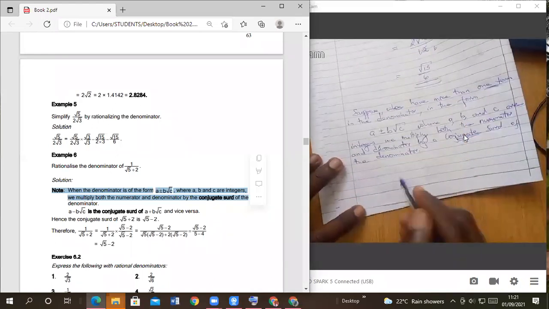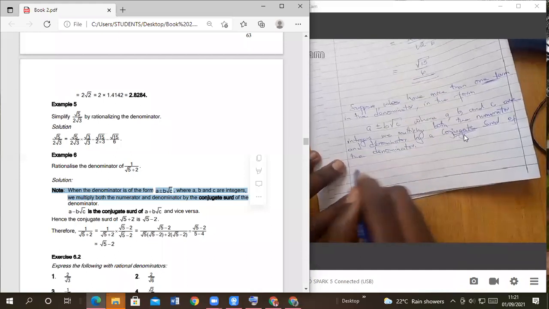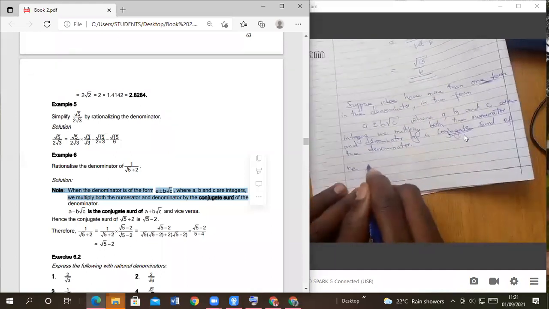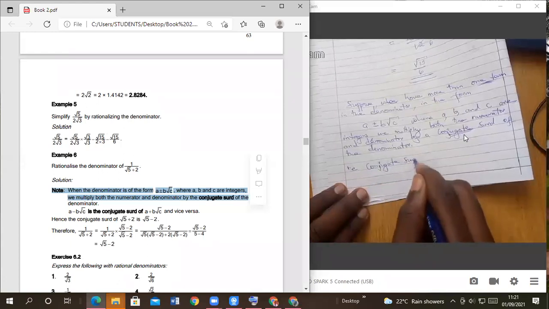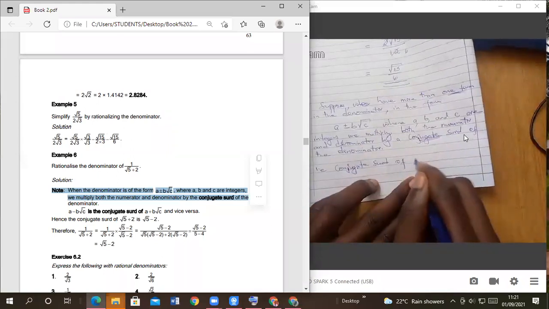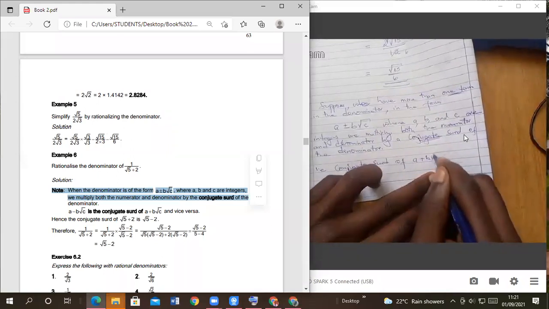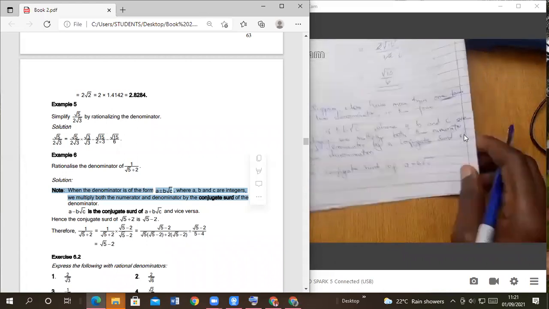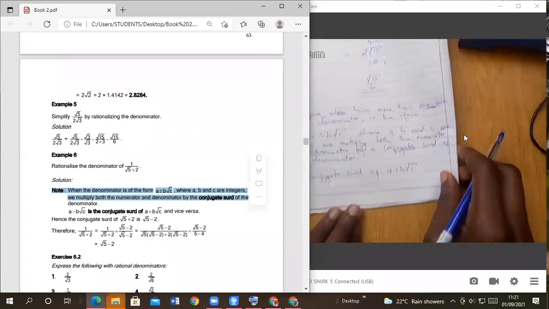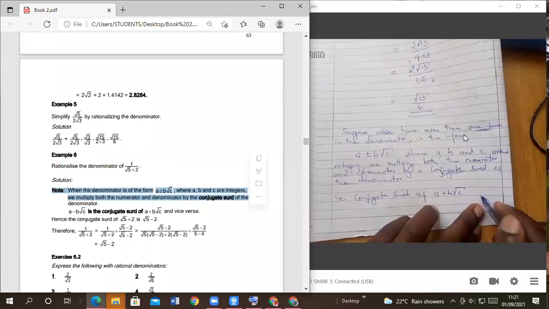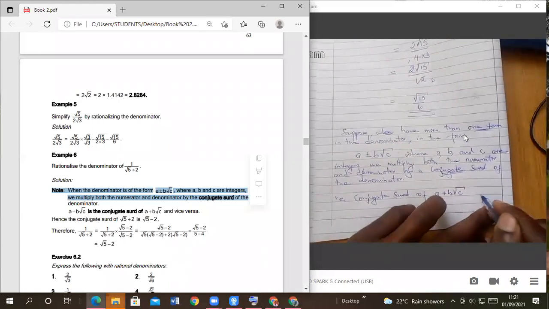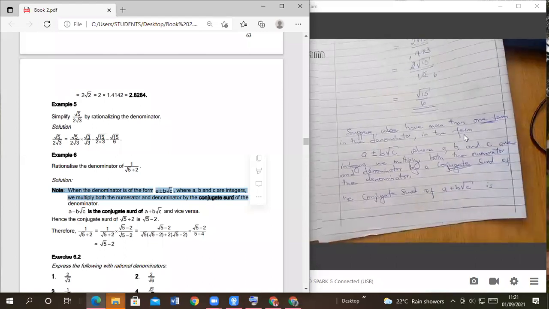The conjugate side of, suppose I have a plus b root of c. What will be its conjugate? We change the sign.